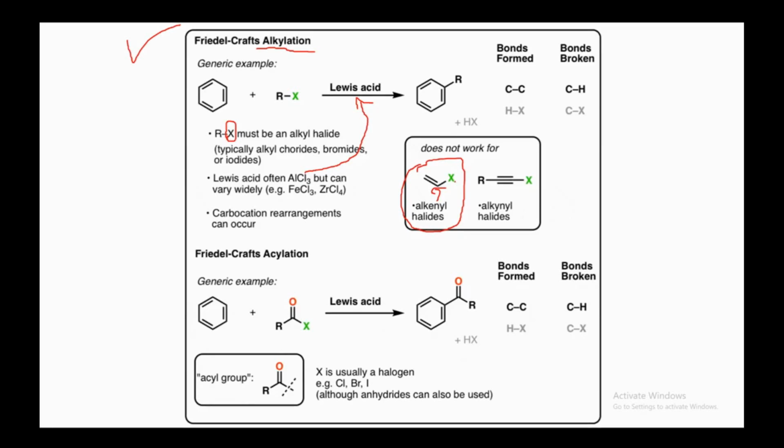The halogen is not a good leaving group in that condition, so we cannot use the unsaturated alkyl halides. Moreover, we also cannot use alkynyl halides. What I mean by alkynyl halides is any halides directly linked with the triple bond. We cannot use them as electrophiles in the Friedel-Crafts Alkylation.